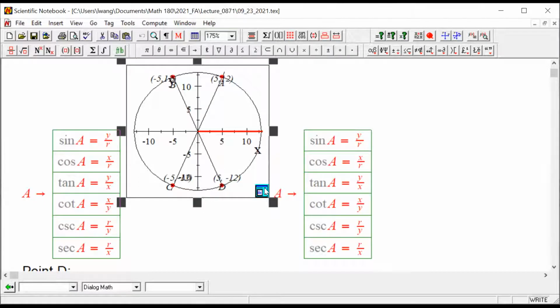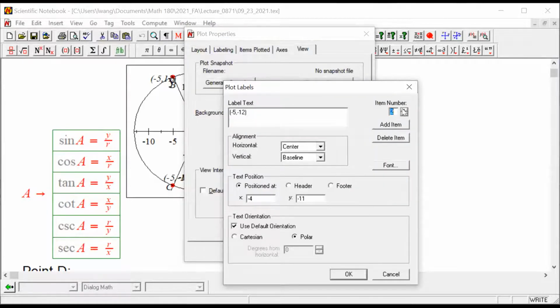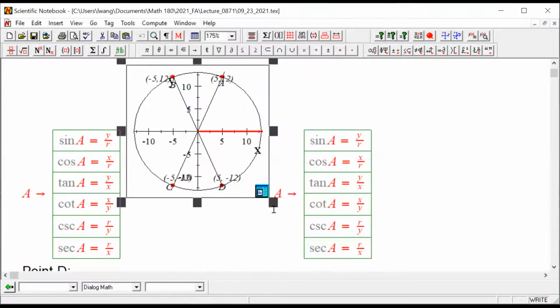Negative 5, 12. Let me just scoot over a little bit. That's better.